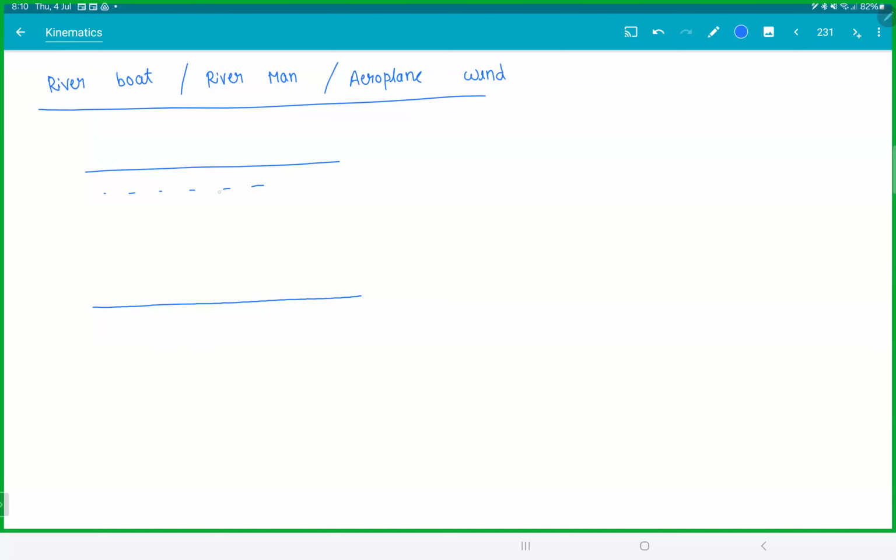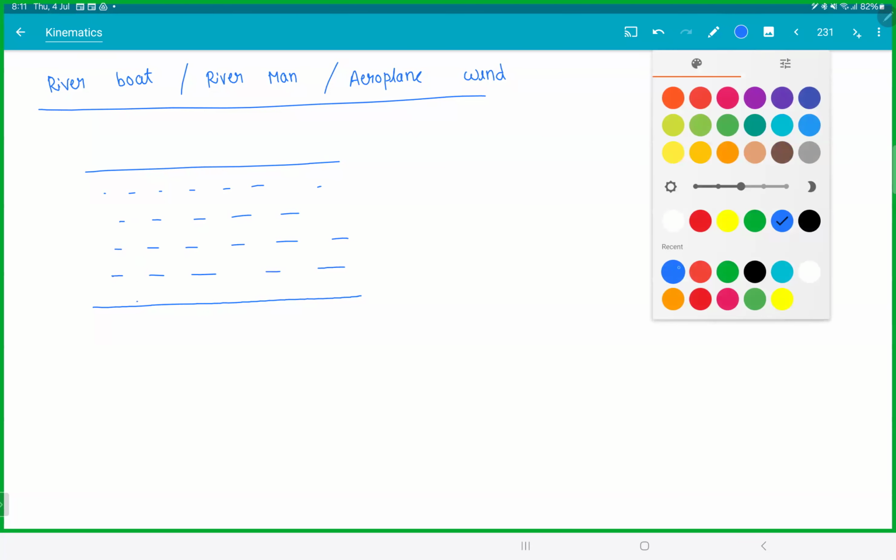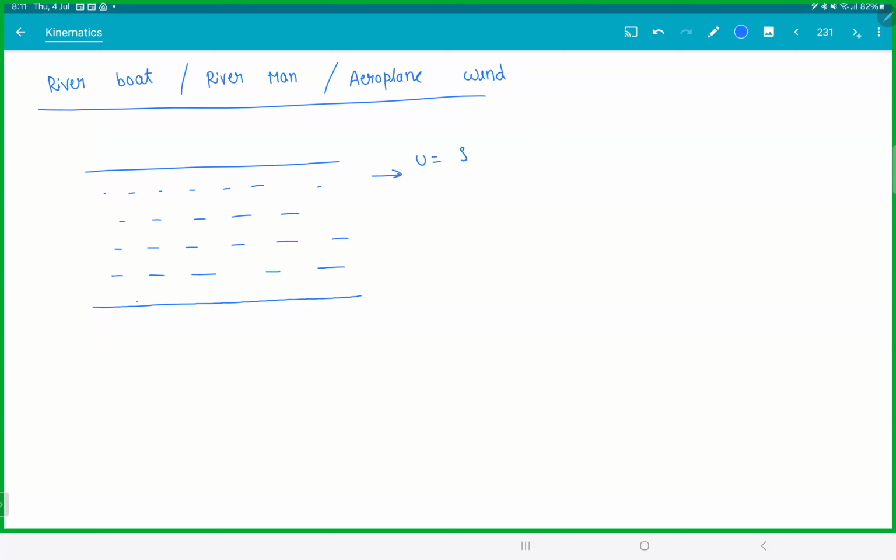When you say a river is flowing with speed u, what this means is, if you take an object and throw it in the river, if an object is dropped into the river, it will move with the velocity of the river.